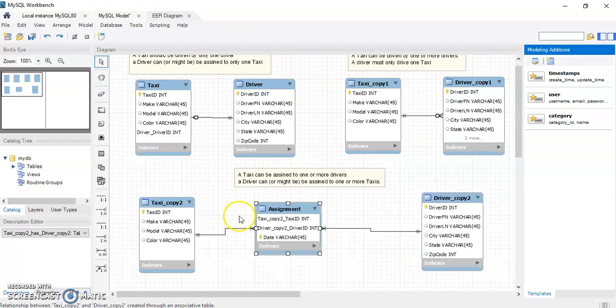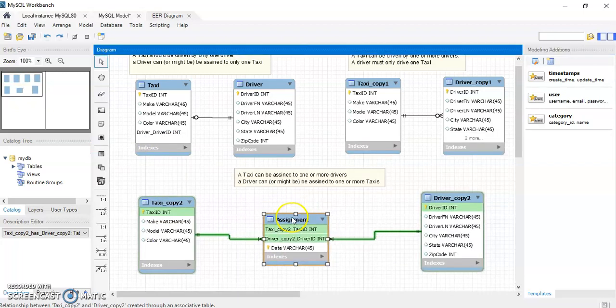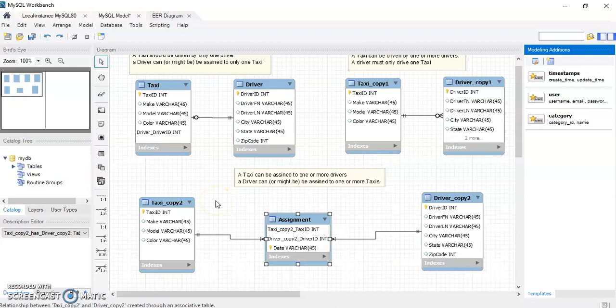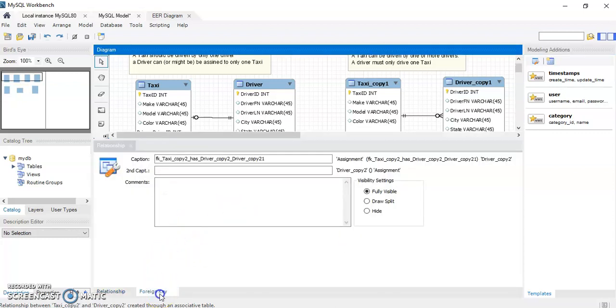So now we have a many to many relationship. The modality, since it says a taxi can be assigned to one or more drivers, can, and a driver can or might be, both of those could be changed to optional. I can do it quickly if you want.